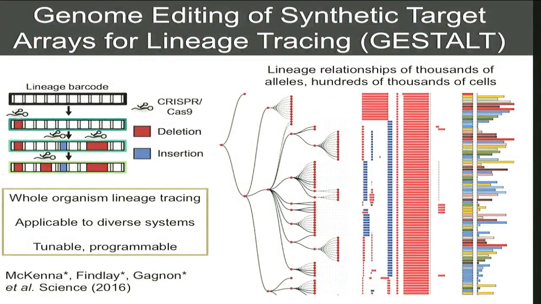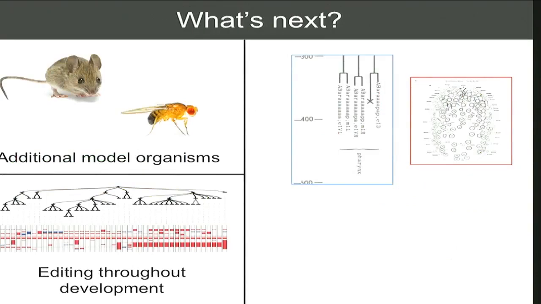Okay, so what's next? One great thing about CRISPR-based systems is that you can, in principle, port them to any model organism that CRISPR works in, which is, thus far, we haven't really seen the limit of. I think one major limitation of the way that we've done this, and the difference from, let's say, a Sulston-like map, is that other than a very gross picture of anatomy, we're lacking information as to what each of these cells are, right?